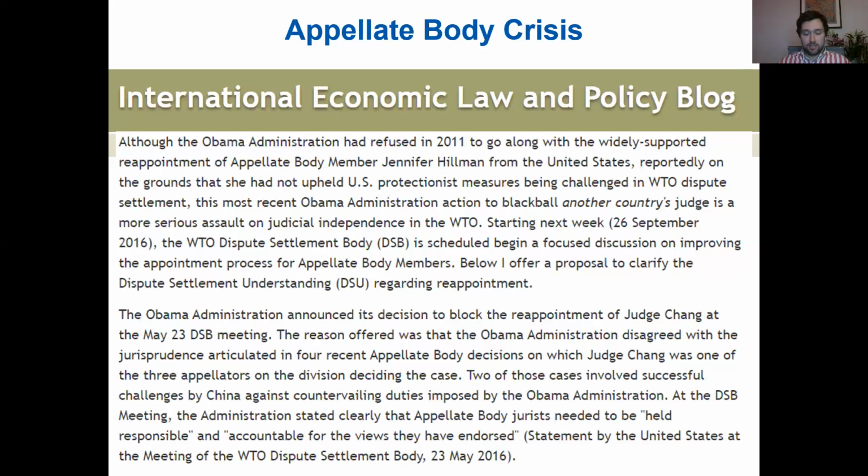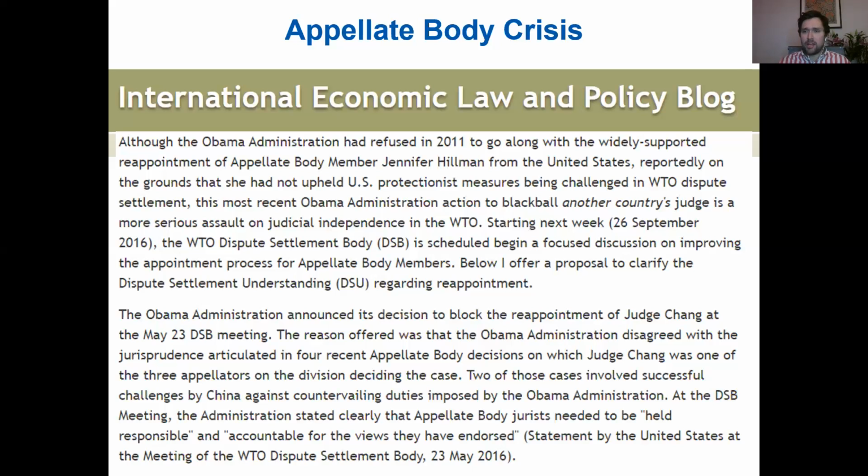The United States claim that there is a need for reform. They are unhappy with judicial activism of the appellate body. They are unhappy with the rule of precedent as accepted by the appellate body. They do not like the situation when the members of the appellate body whose terms expired could still continue as members of the appellate body on those cases that they actually started listening to before the expiry of their terms.